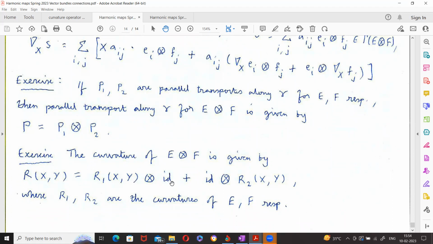Okay, so this tensor product is an endomorphism, a tensor product of linear maps. So this is an endomorphism of E tensor F. And plus identity tensor R2 of xy, where R1, R2 are the curvatures of E and F. All right.